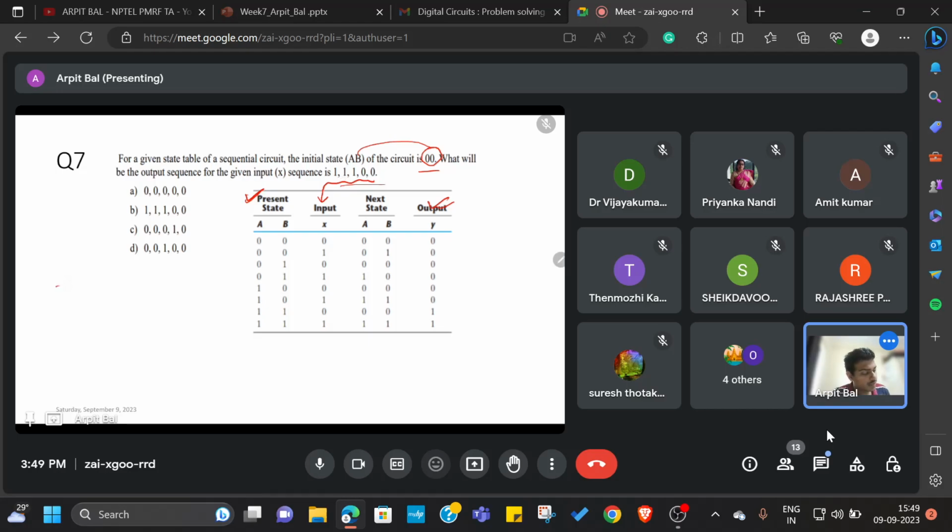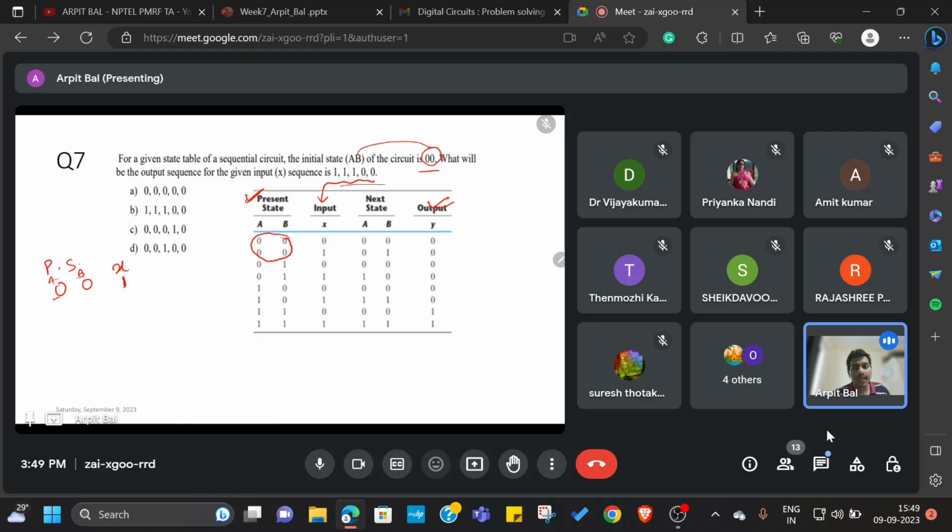If the present state of AB is 0 0 and an input x is applied to be 1, what is going to be the output? How to figure it out from this table? First thing, figure out the present state 0 0. Present state 0 0 means I have two options.